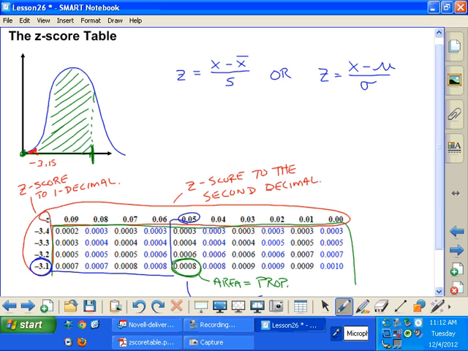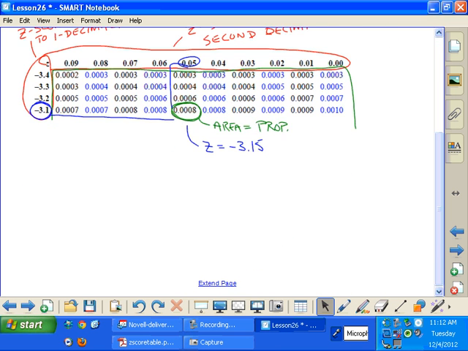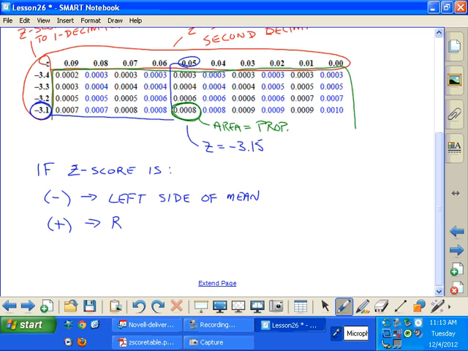The negative indicates that you're left of the mean. So if the Z-score is negative, you're on the left side of the mean. And if it's positive, you're on the right side. Okay.